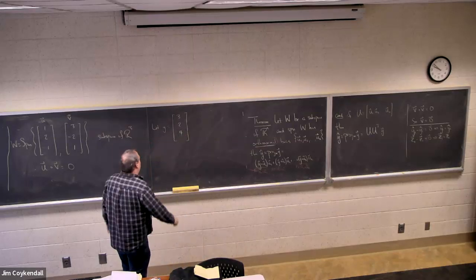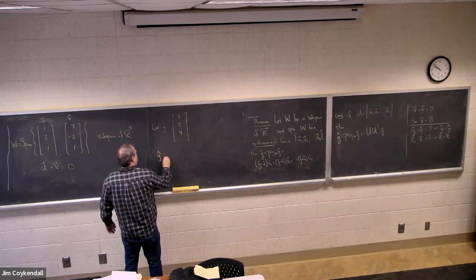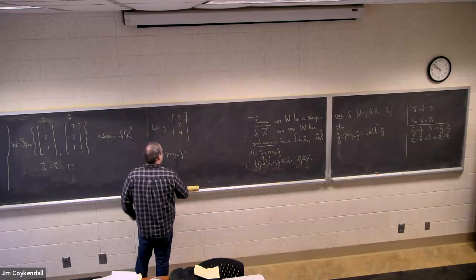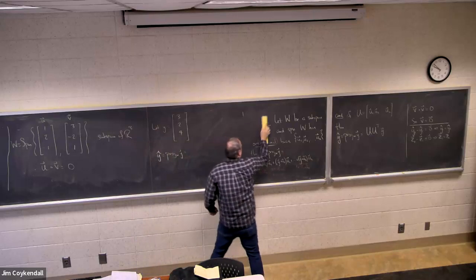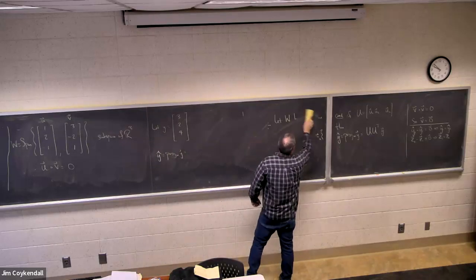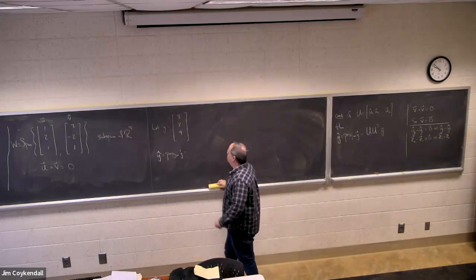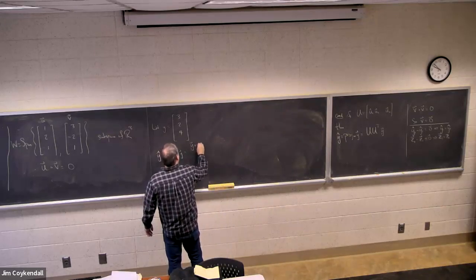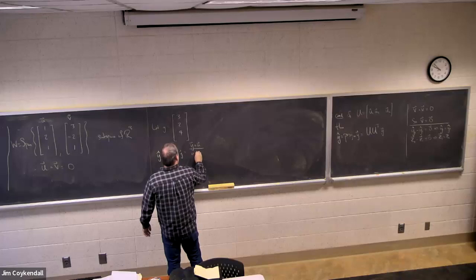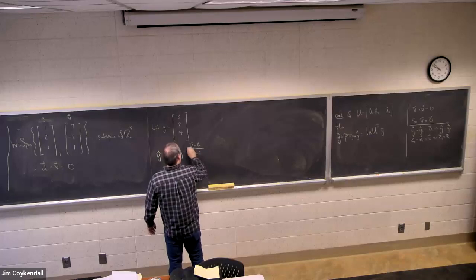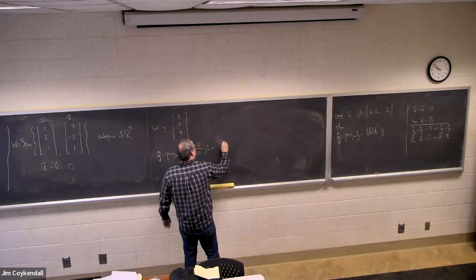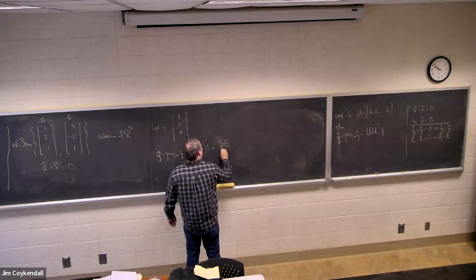Let's figure out what y hat is. What it should be is y dot u over u dot u, times u, plus y dot b over b dot b, times b.